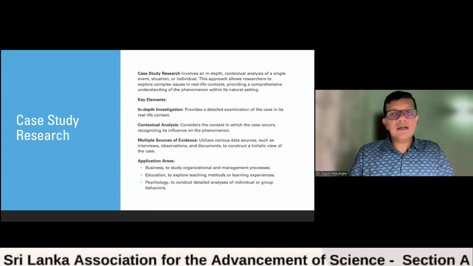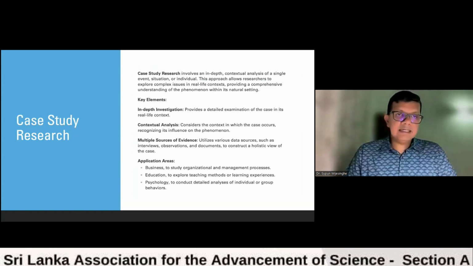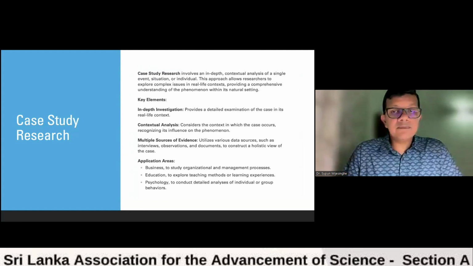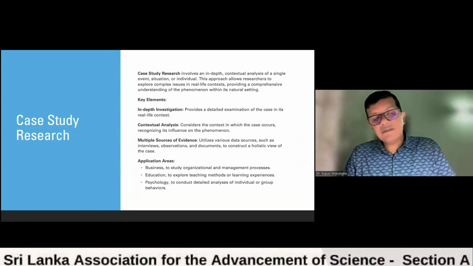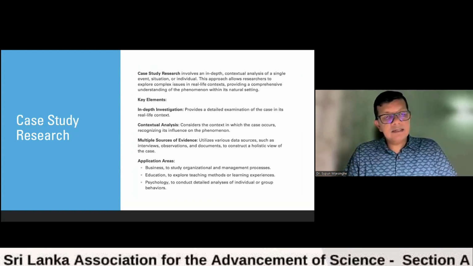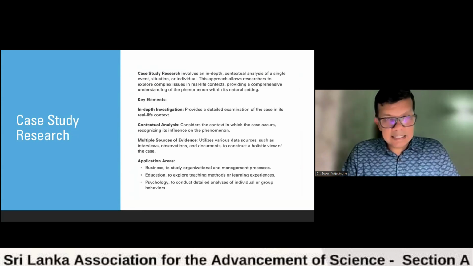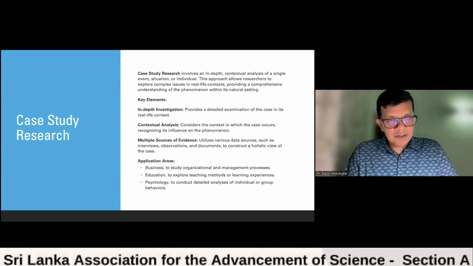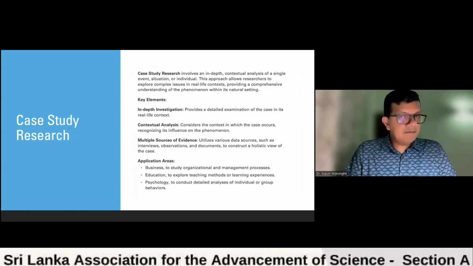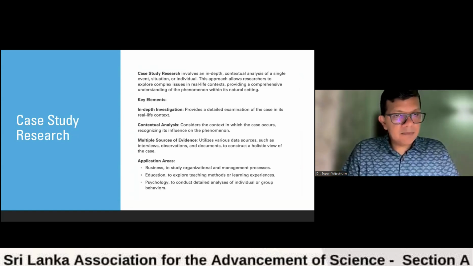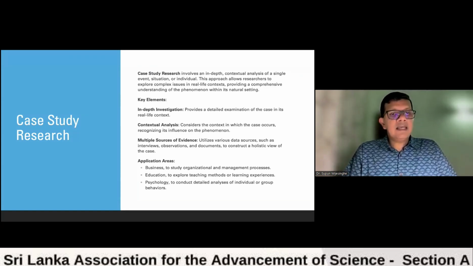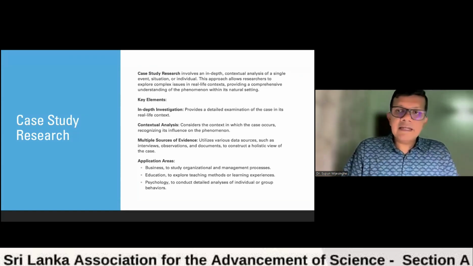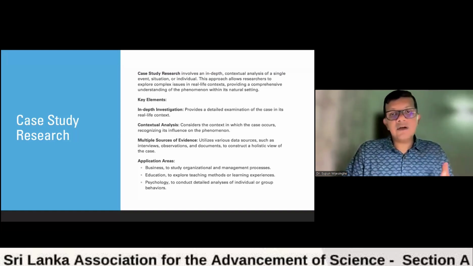Now the last one is case study research. Again, this is something that we do. Now this is different from case studies where you see clinical cases, where you are describing one case, so that is a different terminology we are using, and the case series approach. This is different. This is a case study of in-depth contextual analysis of a single event or an individual.